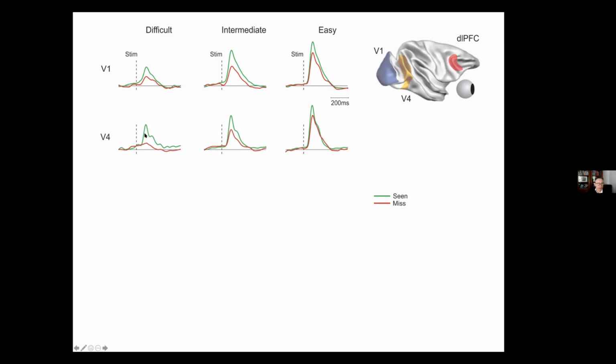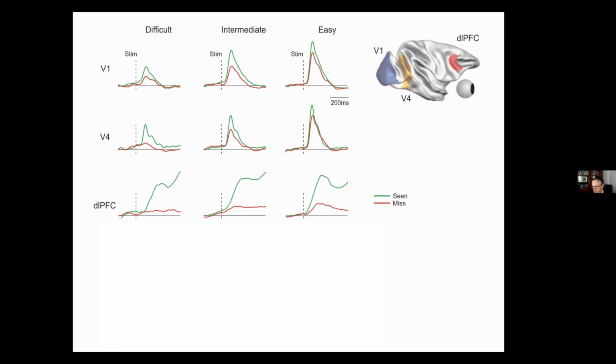If anything, the difference between hits and misses here is a bit larger. But also in V4, a minimum activity level is no guarantee that you'll make it into consciousness, because you see here, this level gives rise to a hit for a difficult stimulus, but it's still a miss for an easy stimulus. Now, the situation was different in dorsolateral prefrontal cortex.